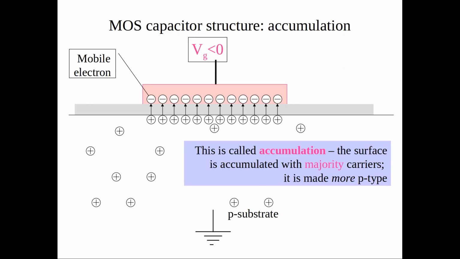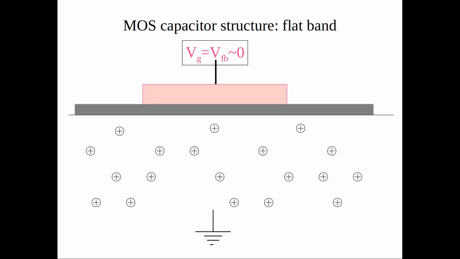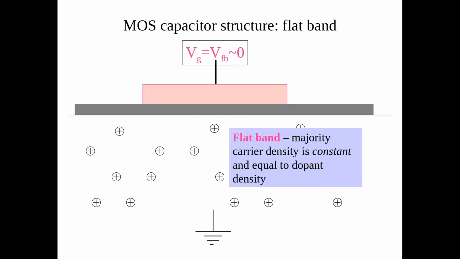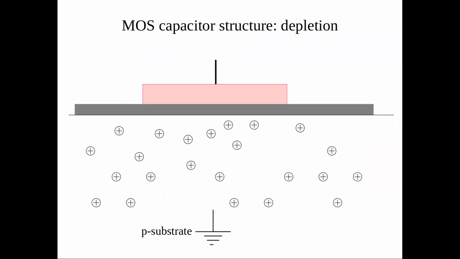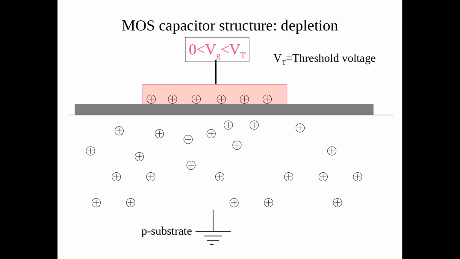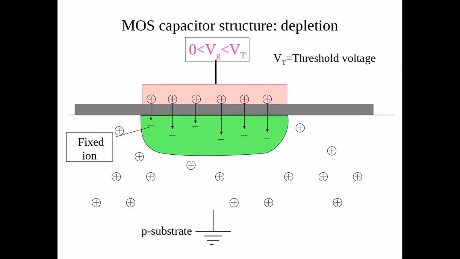Then when VG is equal to 0, we're in this flat band mode. Again, majority carrier is constant. There's nothing interesting happening. And now when VG is in the weak inversion regime, between 0 and 0.7, we have a small number of positive charges on the gate, which is pushing the mobile charges away. We have our depletion region, and we are only left with the fixed ions there.